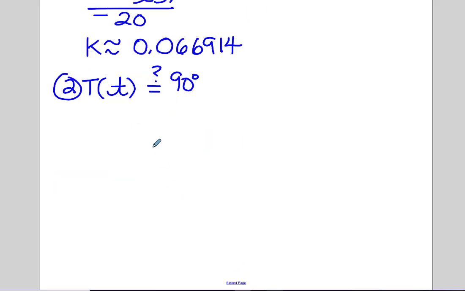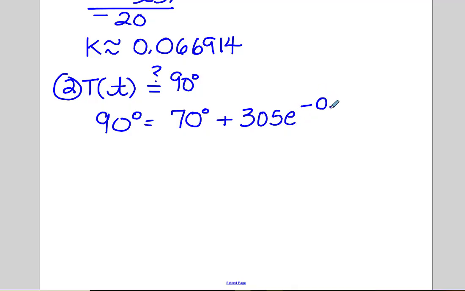So again, using the formula, T of t is 90 when our room temperature is 70 plus, what did we have, 305 was the difference, e to the negative k times t. And we're solving for t this time.